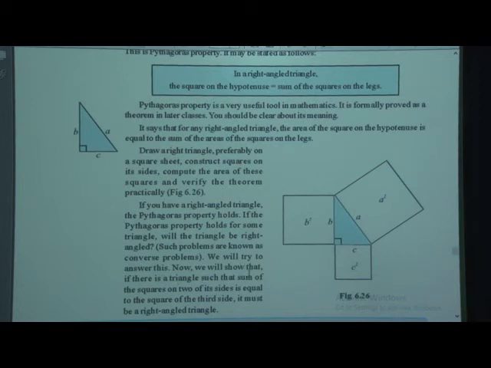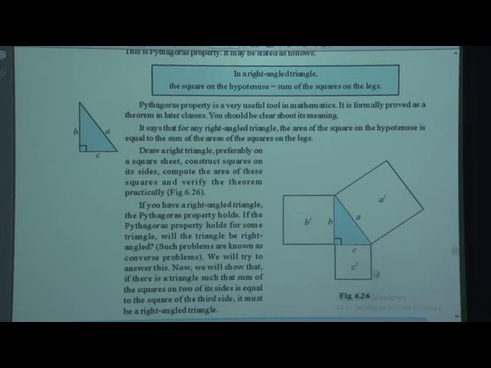Now we will show that if there is a triangle such that the sum of the squares on two of its sides is equal to the square on the third side, it must be a right angle triangle. Here we had seen that this side is B, this is given as C, and this hypotenuse is given as A. What will be the square of this? 2 square is 4, so it should be 4 centimeter.